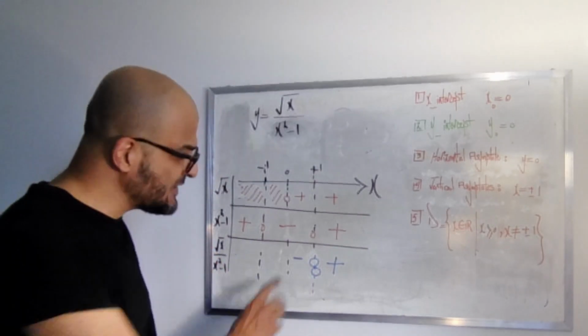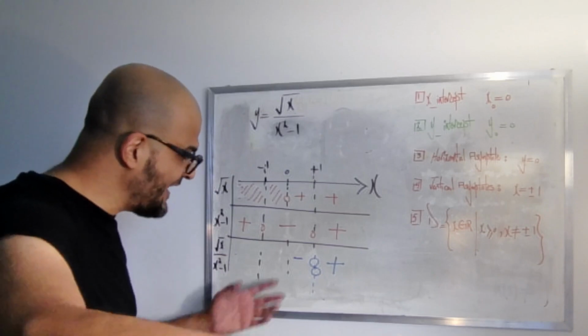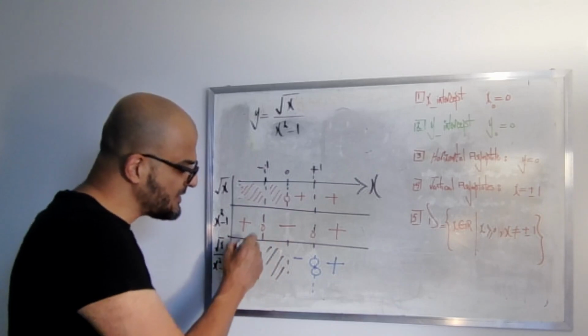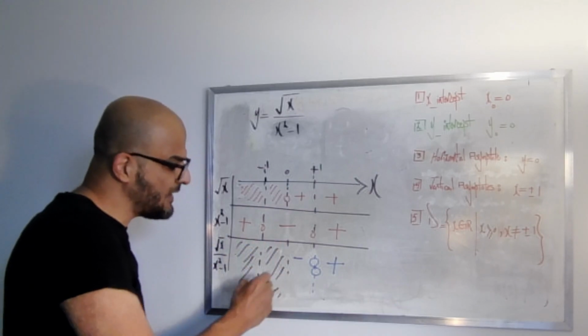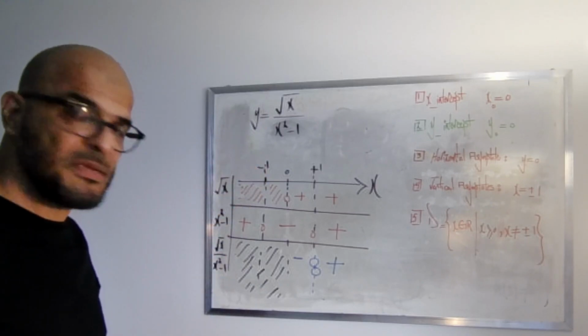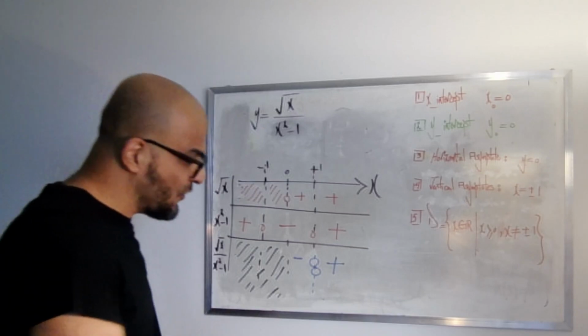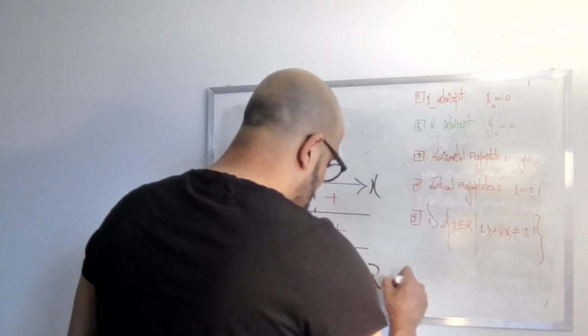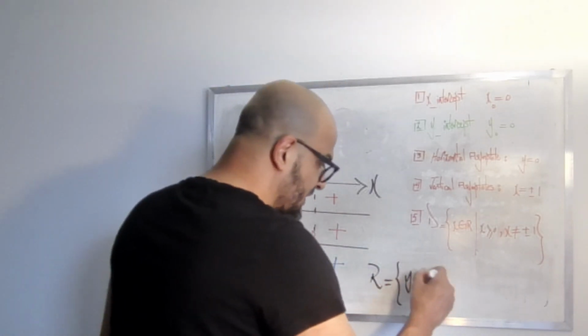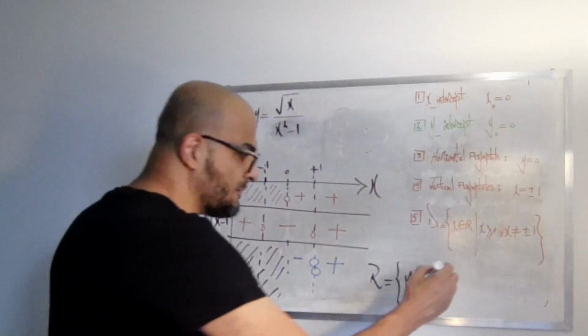Then, as a result, for the range of the function, this side has no definition because the negative numbers are not defined. Then you see that for the range of the function, we know that y can belong to all the real numbers.